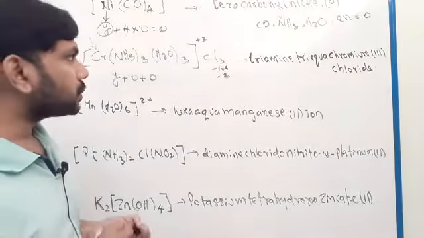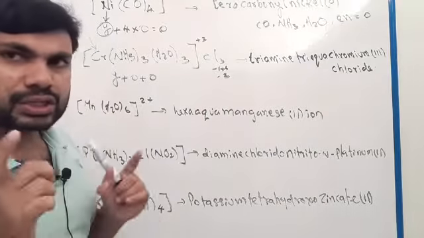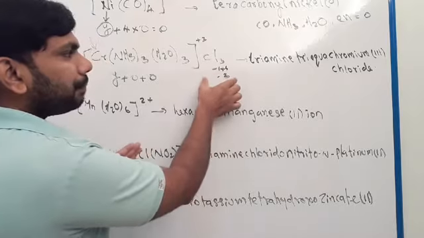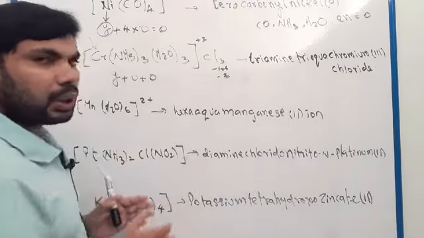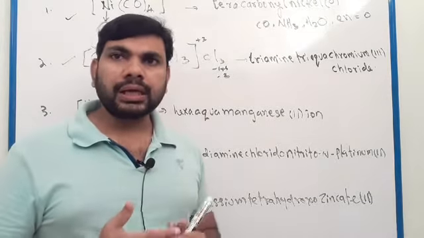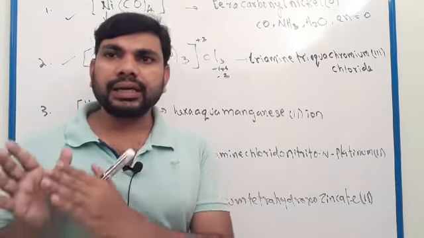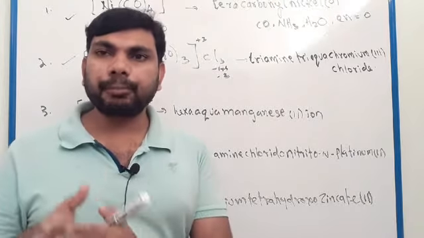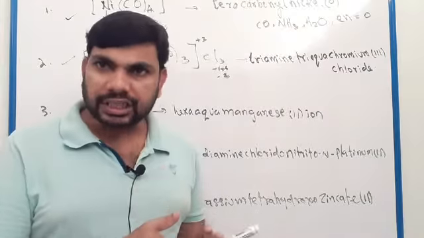You understand? So this coordination compound has two parts, a positive part and a negative part. The negative part will be minus 3. Okay, we discussed the rules for naming coordination compounds which contain a cationic part and an anionic part, a positive part and a negative part.